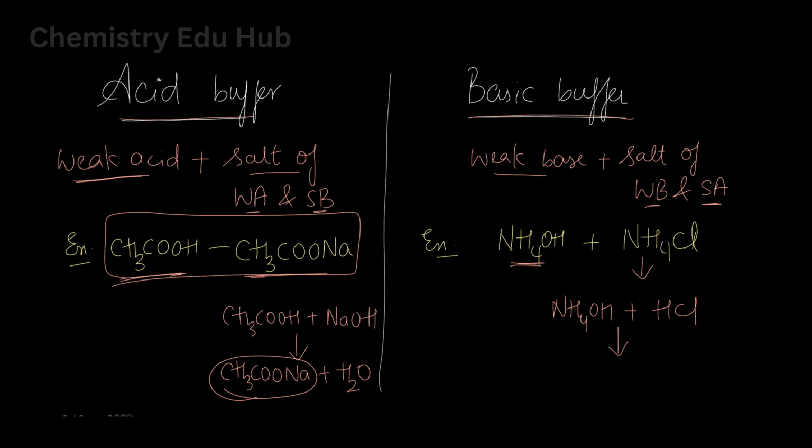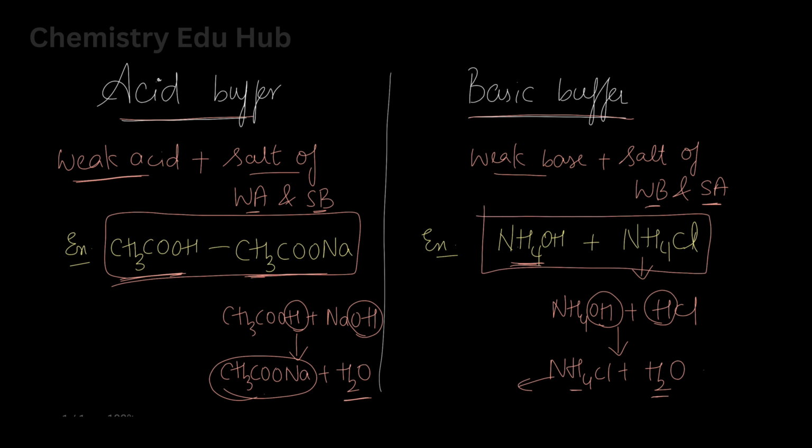That results in the formation of ammonium chloride and H2O. So basically, H from the acid and OH from the base turn into water. Similarly, here the OH from the base and H from the acid will form water, and the remaining one is the salt. This way your basic buffer is ready as NH4OH and NH4Cl.